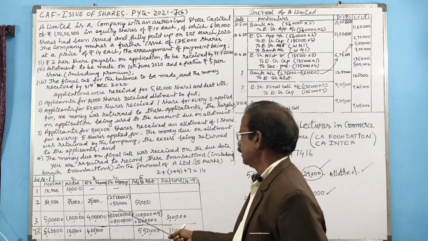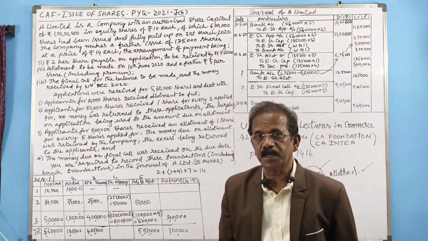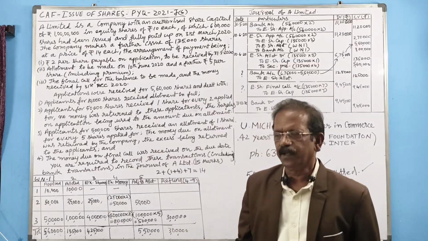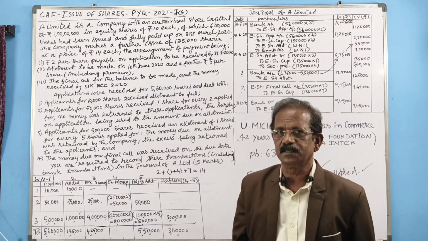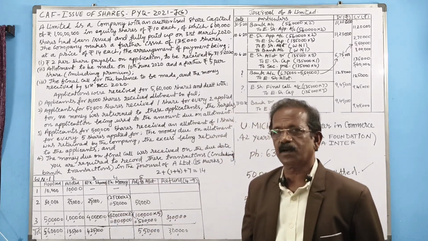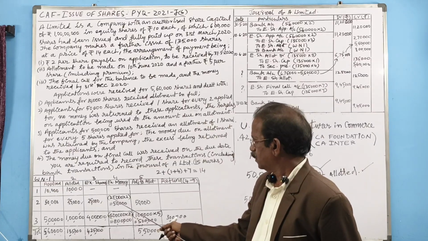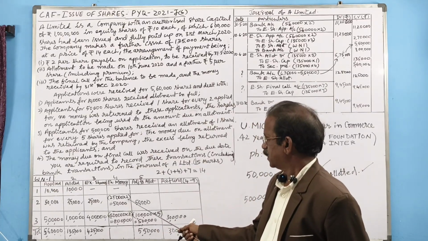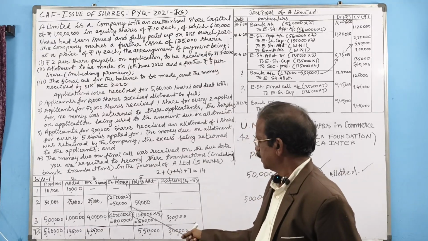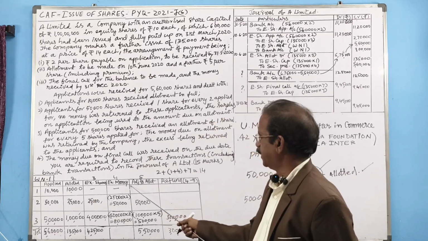It means at the time of making the application, they paid an extra amount. They paid it because they thought they would get all the shares, but they did not. That's why on the remaining shares at the rate of 2, which came to be 5 lakhs, is to be treated as excess application money.